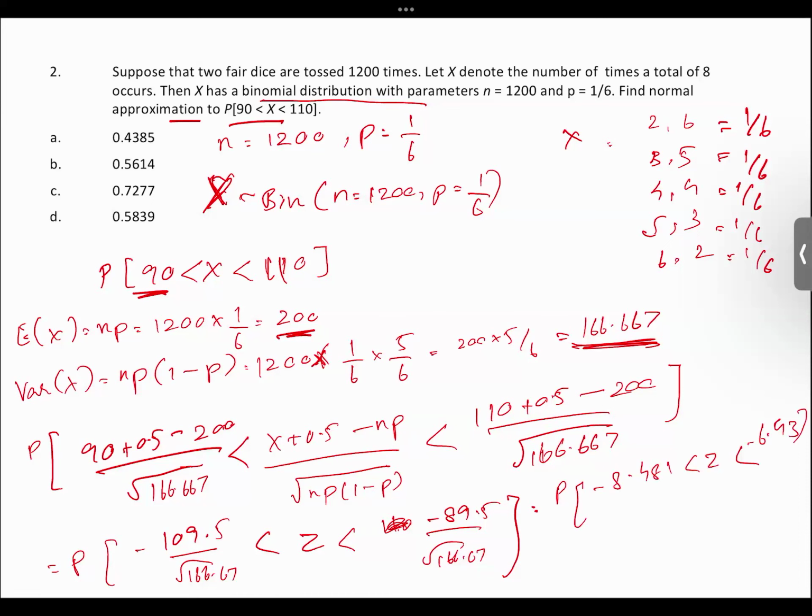So now you just have to apply this. In R, you write pnorm of upper limit minus pnorm of lower limit, right? pnorm of the upper value minus pnorm of minus 8.481. Let me do this.